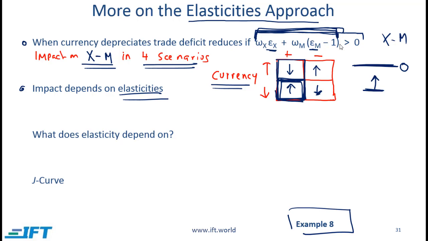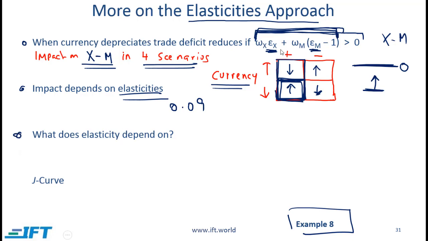And if you recall, on our previous slide, we had a certain number which was 0.09, which represented a change in x minus m when there is a 1% change in price, being the exchange rate or the price of the currency. If this number is more positive, then the impact will be more. And I'll repeat, higher elasticities will make this number higher. So remember the fact that if the elasticity is more, the impact is more, and that is also fairly intuitive.